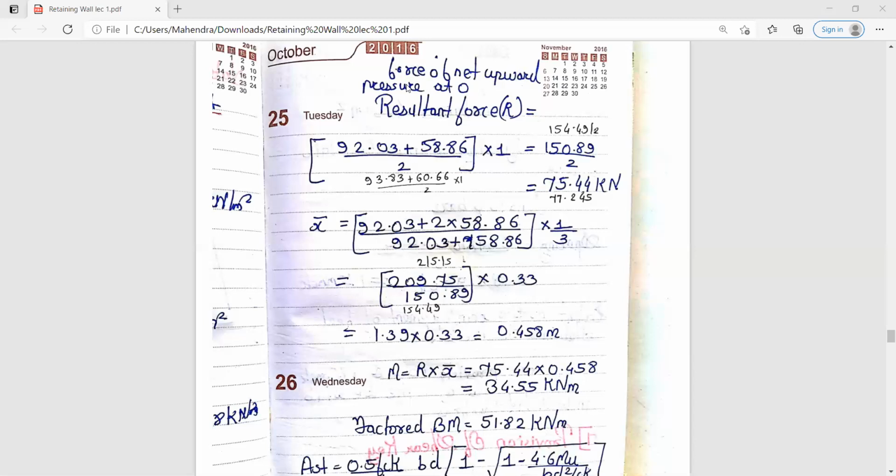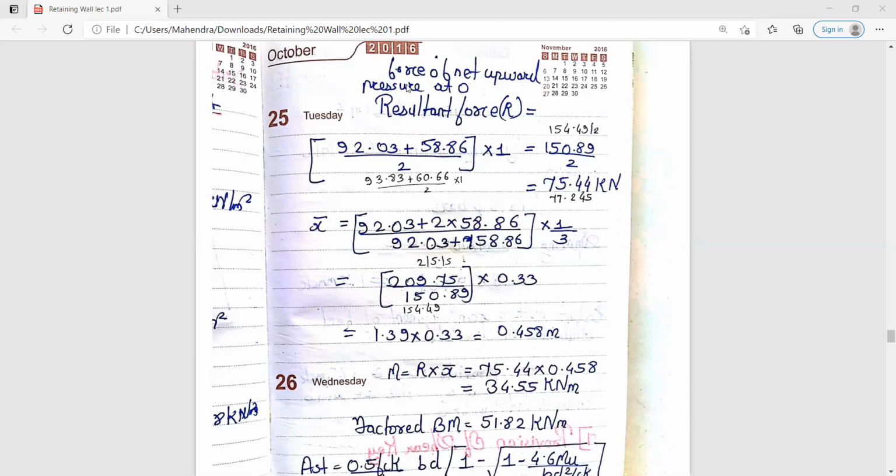What is the value of x bar? Slightly increase your speed of the calculations. Yes, all of you are done up till here.